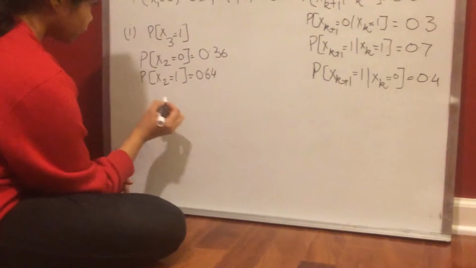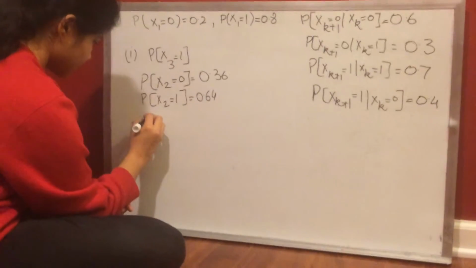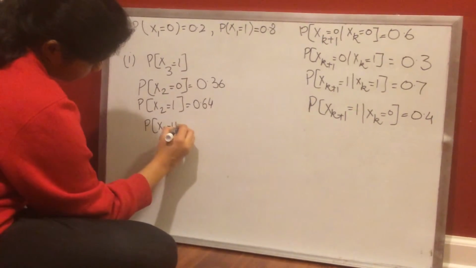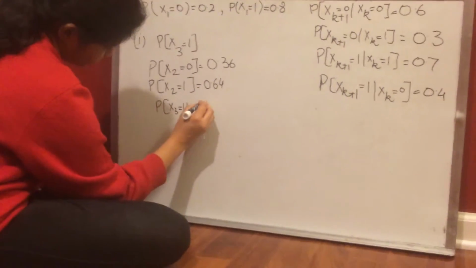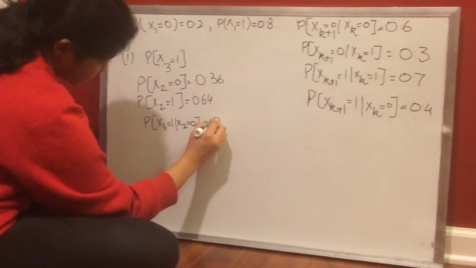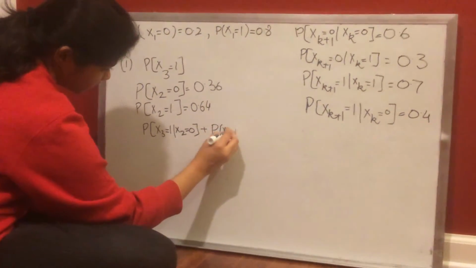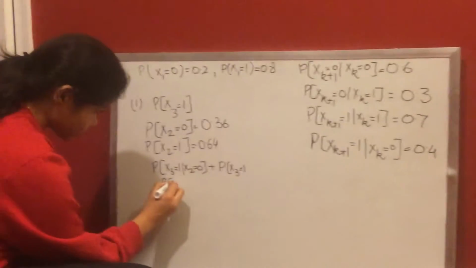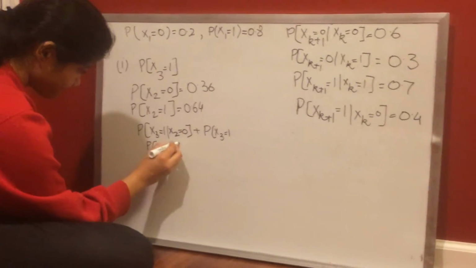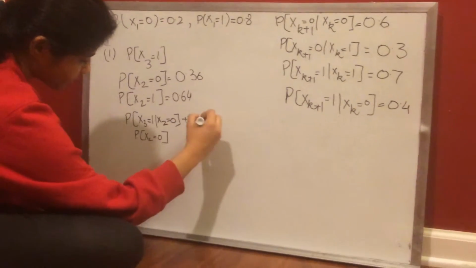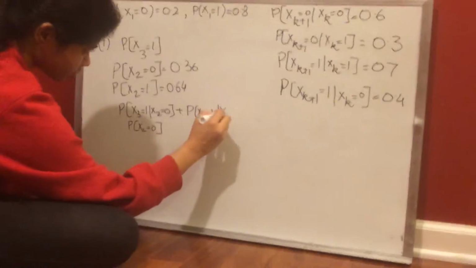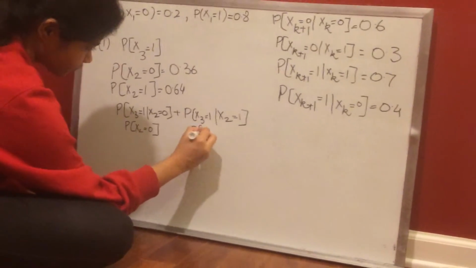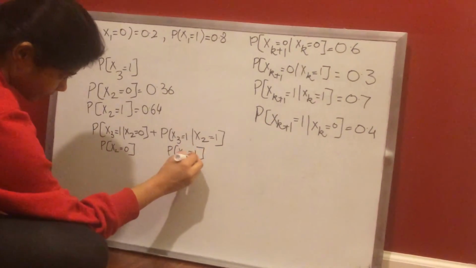Now probability of x3 equals 1 will be given by probability of x3 equals 1 given x2 equals 0, multiplied by probability of x2 equals 0, plus probability of x3 equals 1 given that x2 equals 1 multiplied by probability of x2 equals 1.